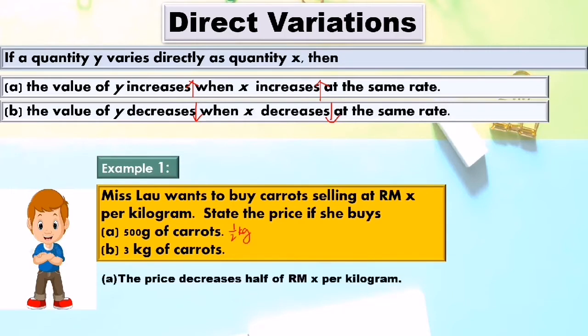So, the price decreased to half of RMX per kilogram because 1 kilogram equals to RMX ringgit. If half kilogram equals to half of RMX. Okay, B. 3 kg of carrots. The price increases 3 times of RMX per kilogram.